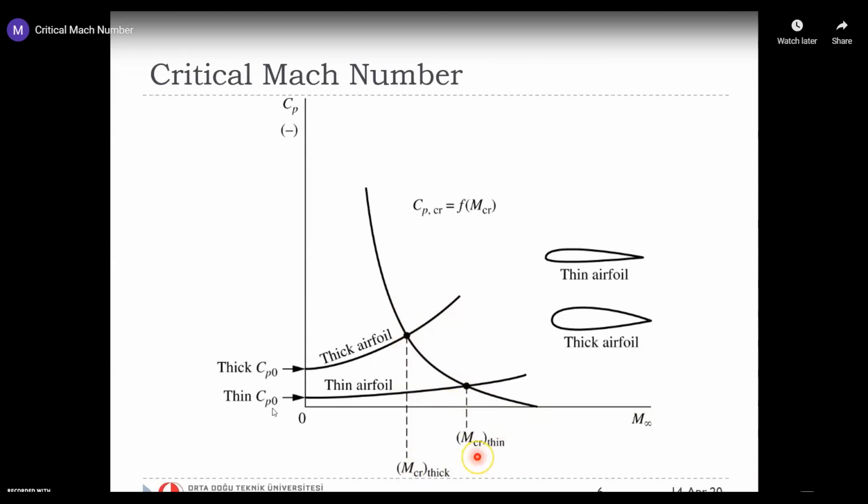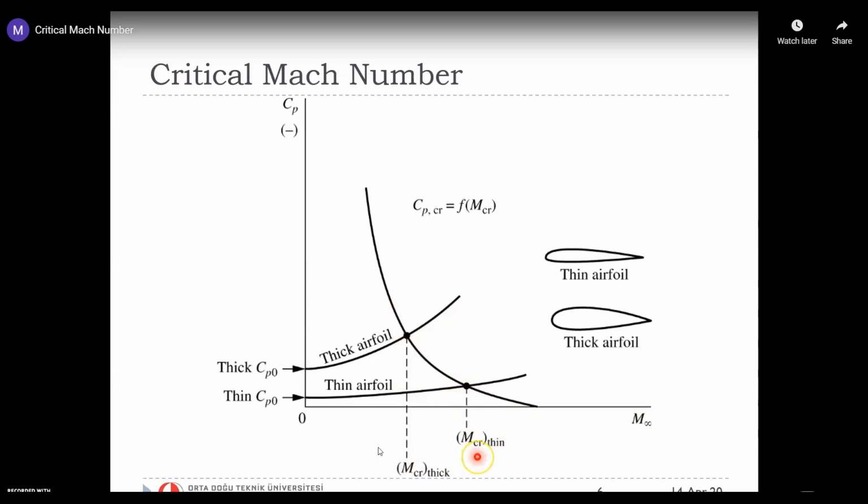So CP0 at an angle of attack will be more negative. So this thin CP0 will have a value higher up in this axis. Therefore, if you follow the correction line, it will cut it at this point. Similar to thick airfoil, it will have a lower M critical value.